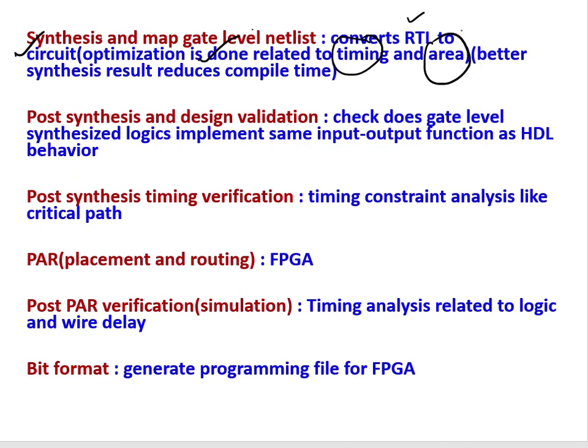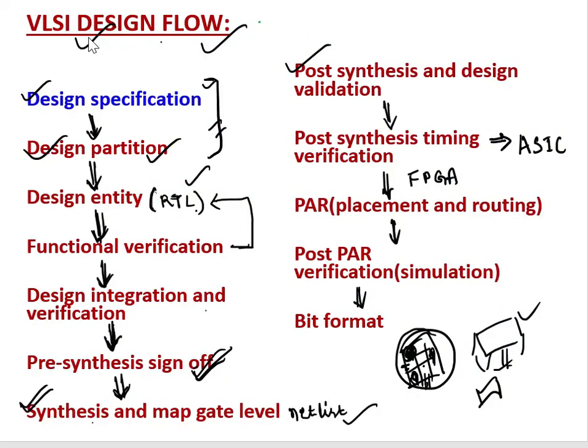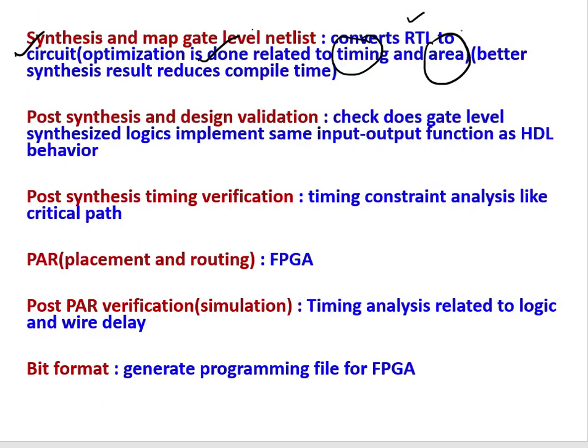Then the next step is post synthesis and design validation. And what is this one? This one is a check. What we check? Does the gate level synthesized logic implement the same input output function as the HDL behavior or not?